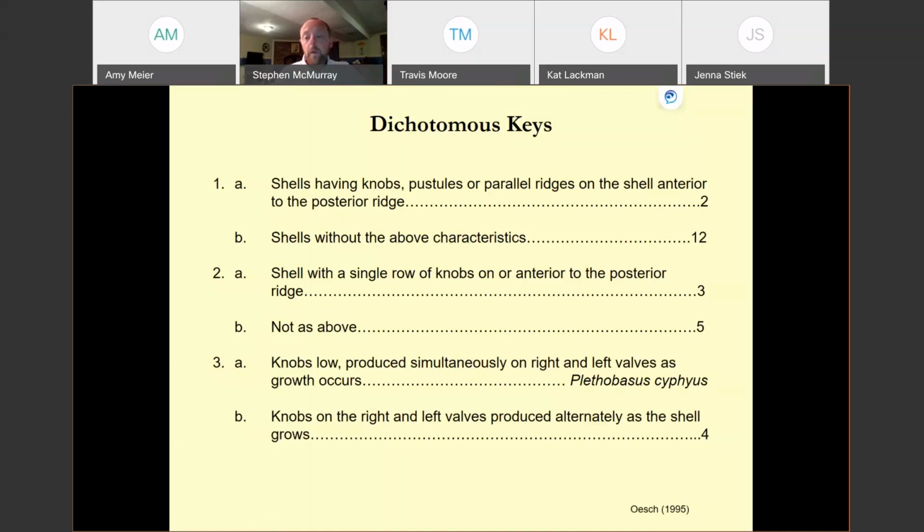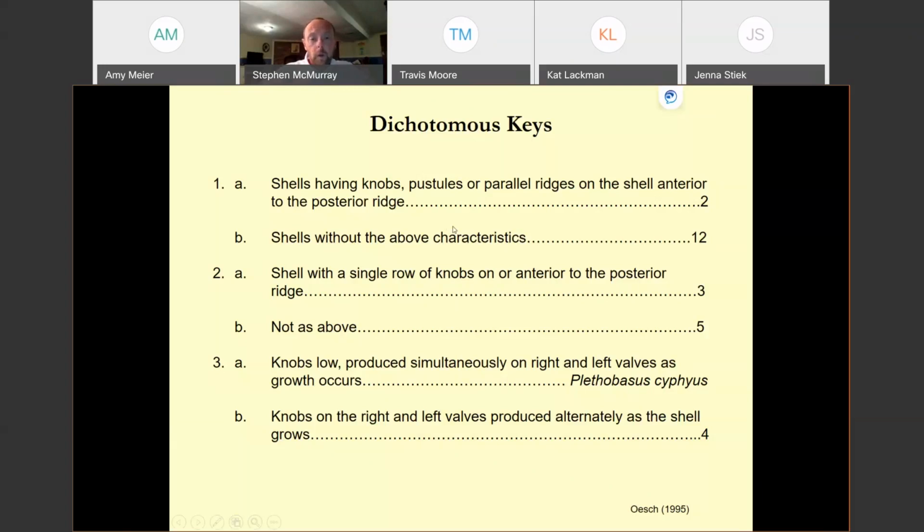And actually, when it was published, Ron put into print a number of things that mussel people knew, and nobody had ever written before, and so it was difficult to cite it, but he ended up including a lot of conversations that he had with famous malacologists at the time. So anyway, he has a key.